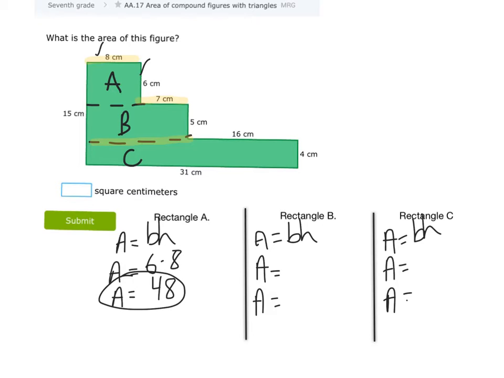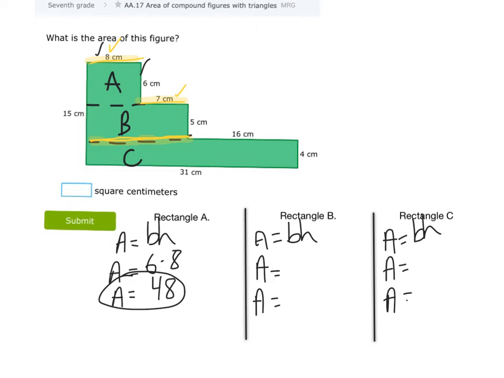So right here what I highlighted, this is the same as up here, the 7 and the 8. If you add the 7 and the 8, you are going to get the base of rectangle B.